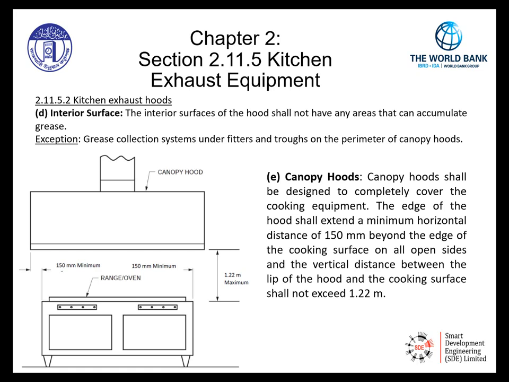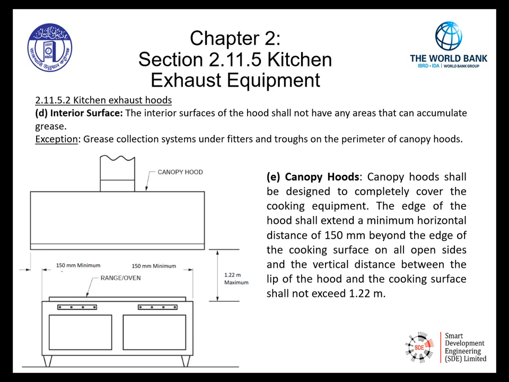Item E, canopy hoods shall be designed to completely cover the cooking equipment. In other words, they have to overlap the cooking appliances. The edge of the hood shall extend a minimum of 150 millimeters beyond the edge of the cooking surface. That's horizontally, as well as the maximum vertical distance between the lip of the hood and the cooking surface shall not exceed 1.22 meters.